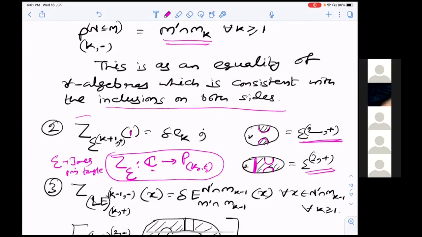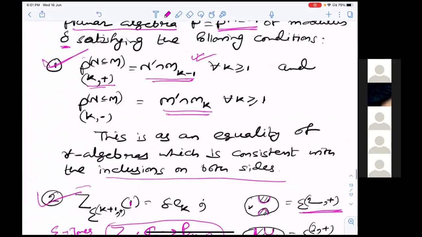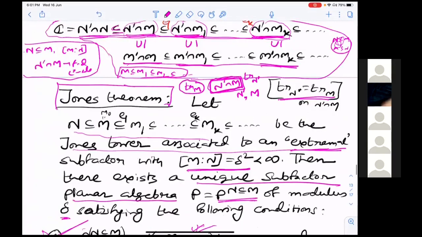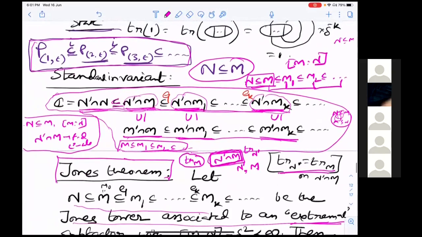In the beginning, I told I will explain why these are called Jones projection, and this is the explanation, because this will be the same as the Jones projection. And the left conditional expectation, this one. So recall that in the second lecture I said, given an inclusion of von Neumann algebras B subset A, and a trace on A, there always exists a trace preserving conditional expectation. So from N prime intersect M1 to N prime intersect M, we always have a trace preserving conditional expectation.